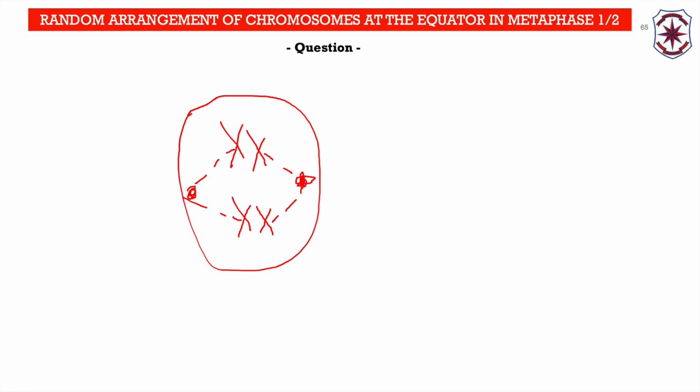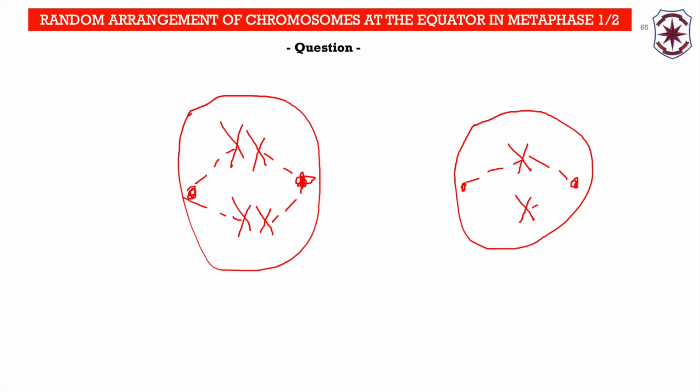Okay? And during metaphase 2, we said that individual chromosomes will line up at the equator of the cell. Remember, equator just means the middle of the cell. Okay? And then the centrioles produce spindle fibers, which will attach themselves to the centromeres of the individual chromosomes, such as that.